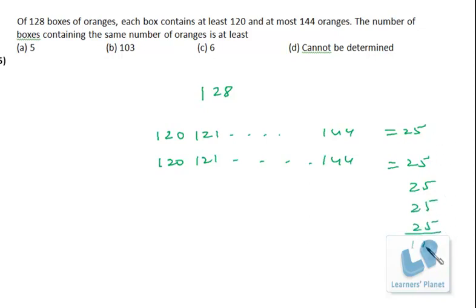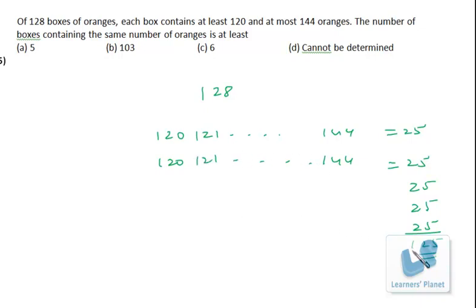So till here 125 boxes are filled up and each number is in 5 boxes, that means 120 oranges are in 5 boxes, 121 in 5 boxes, similarly till 144. Okay, so this is the case when we are filling the oranges in different boxes. All the numbers are different.